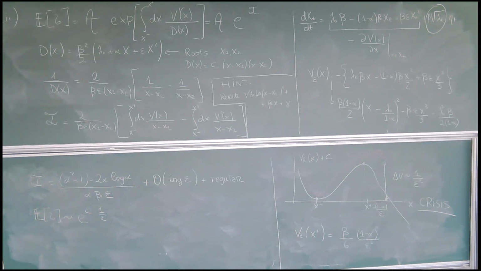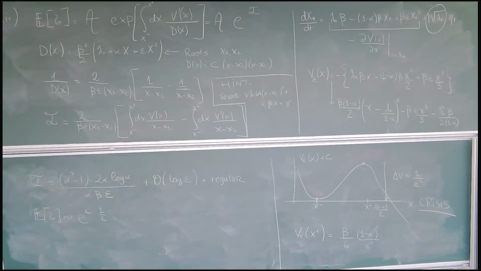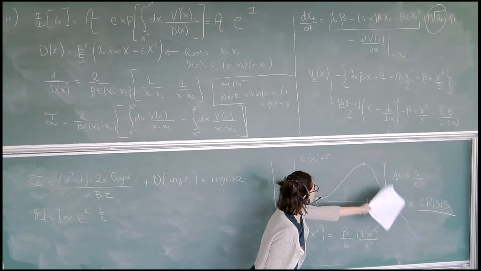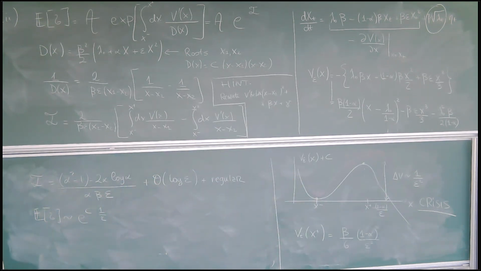But as long as epsilon is finite and you have some nonlinearity in your process, you go back to this metastable situation. So you have to wait a very large time, but eventually you have situations in which the noise kicks you up this very large barrier. And if this happens, then after that, you are bound to roll down to minus infinity, and therefore you have a crisis for your economy.